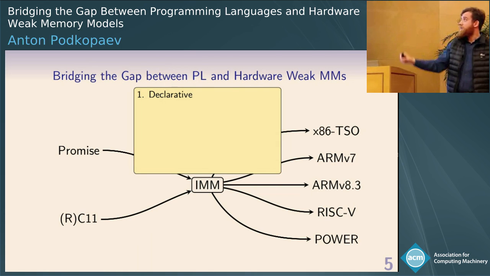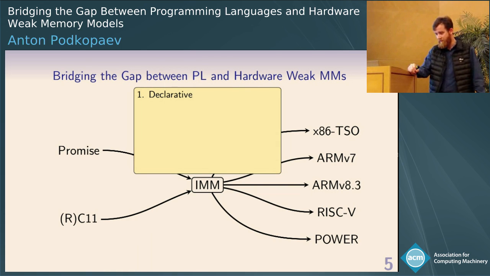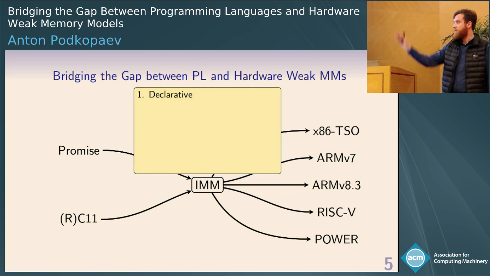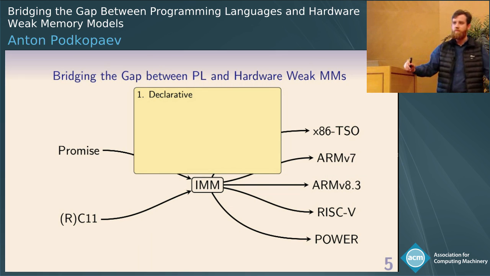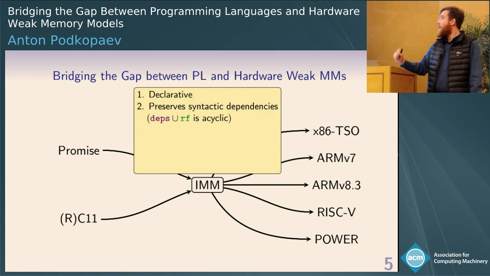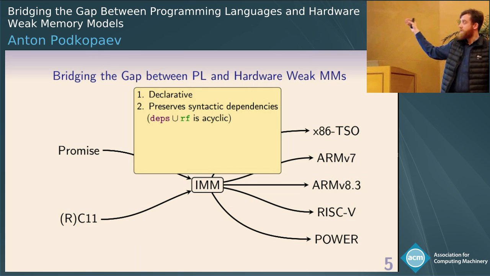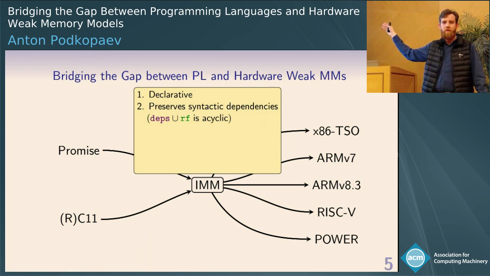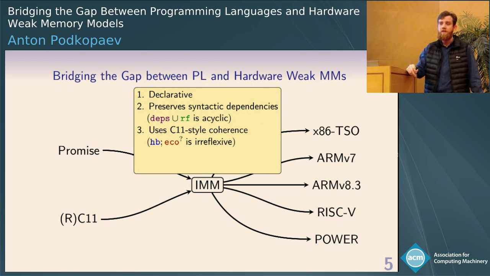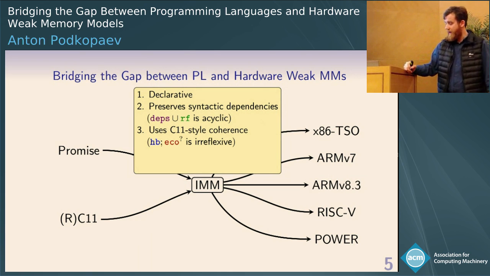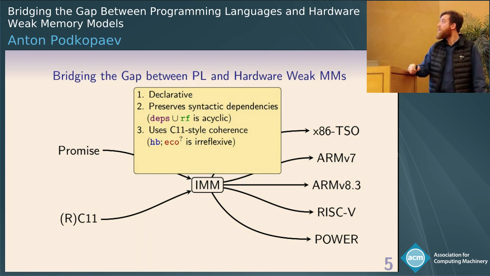So getting back to our picture, IMM somehow shortens the gap between programming language and hardware memory models because it's a blend of ideas from both groups. So for example, IMM preserves syntactic dependencies as hardware memory models do. Also, it uses the C11 style coherence axiom as PL memory models do.